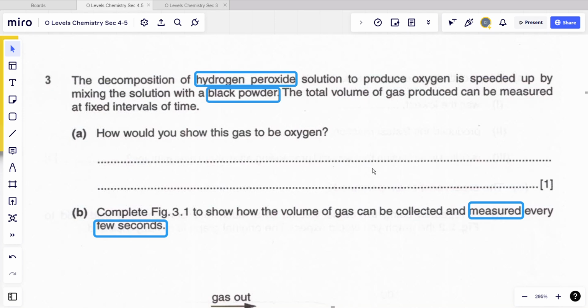At room temperature, it's a colorless liquid, right? Just like water. But what is important is it can break down into water and O2.